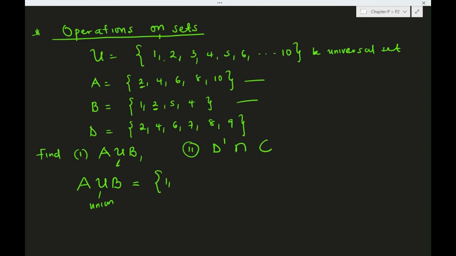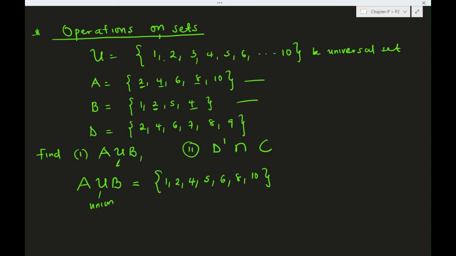Here we have 2 in both, but you don't have to repeat it, so just take 2 once. We also have 4 in A and B, but you take it once. Then we can take 5, then 6, 8, and 10. So I think this is A union B.